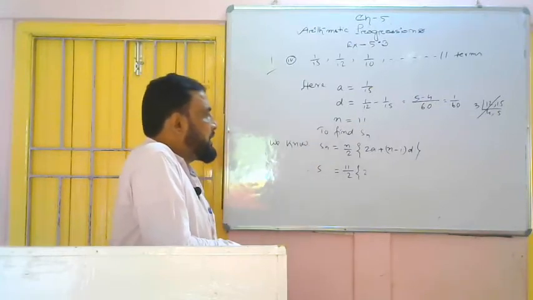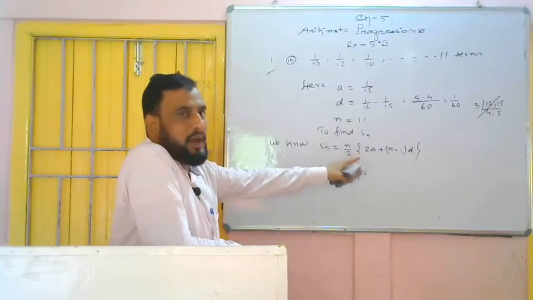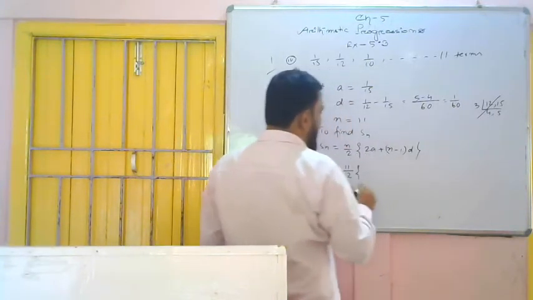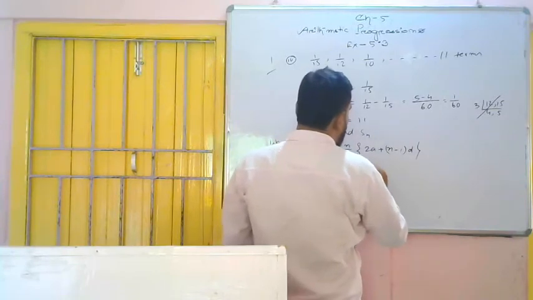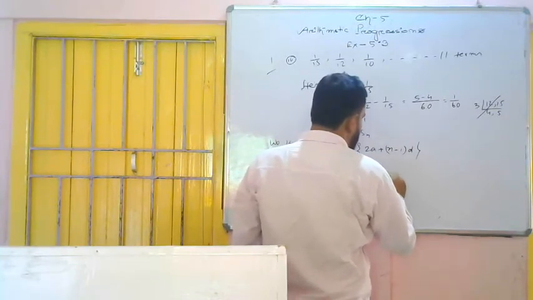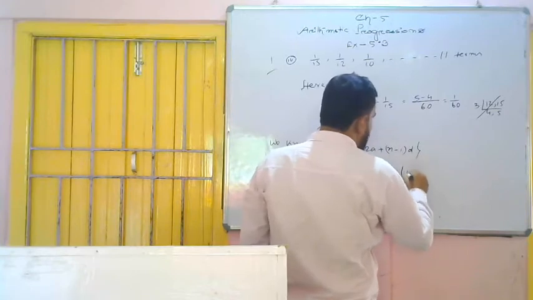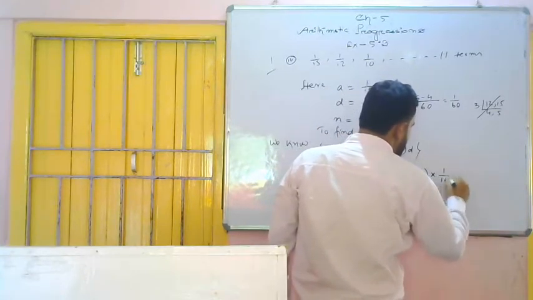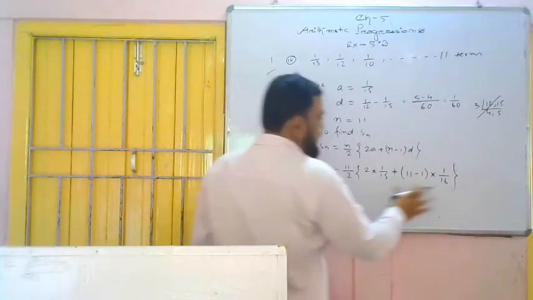To find Sn, we use the formula we have written. Now put the values of a, d and n: 2 into 1 by 15 plus 11 minus 1 into d, which is 1 by 60.